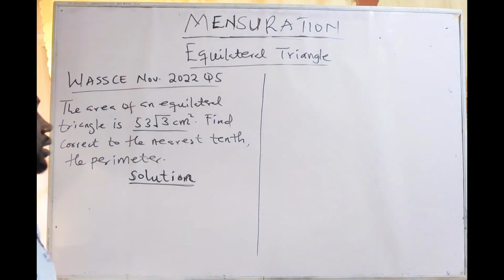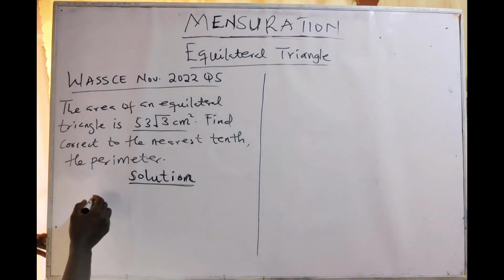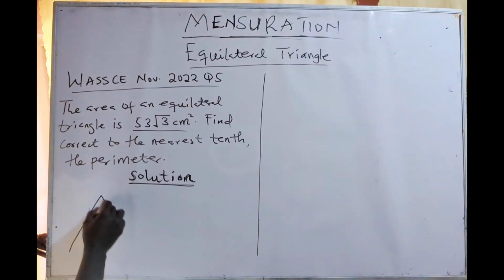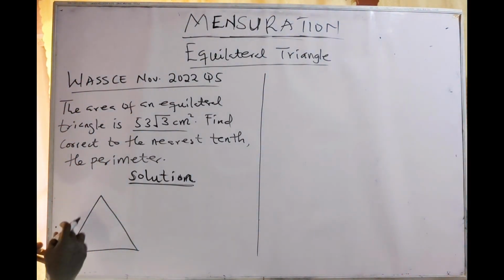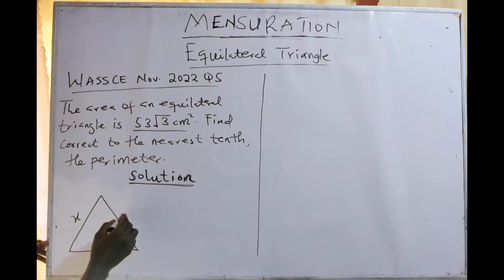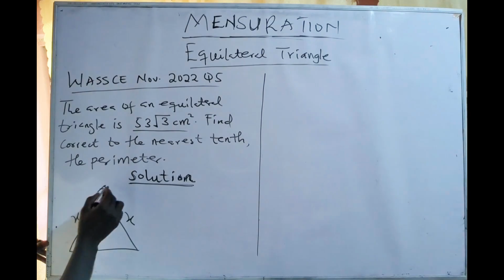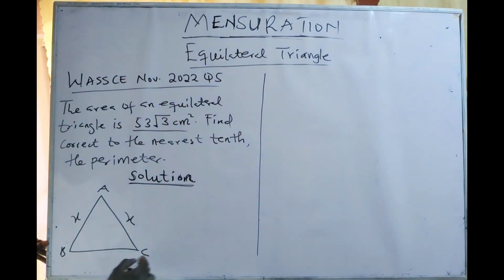So if I draw my triangle like this, let's say this is my equilateral triangle. I don't know the side, and since all the sides are the same, let me label the vertices A, B, C, and each side is x. Since I don't know the side, x, x, and x is equilateral, and the area is half base times height.